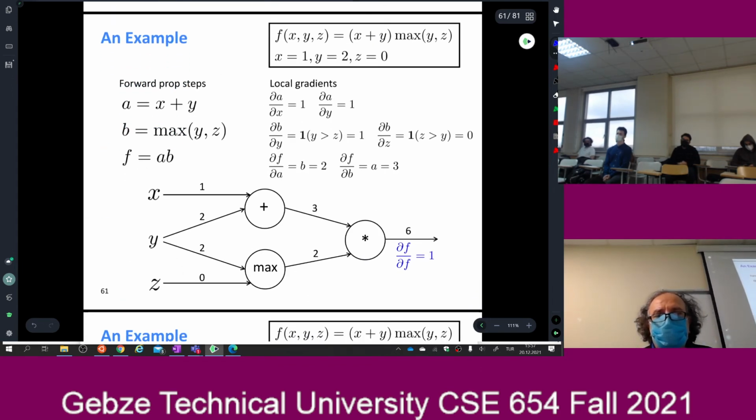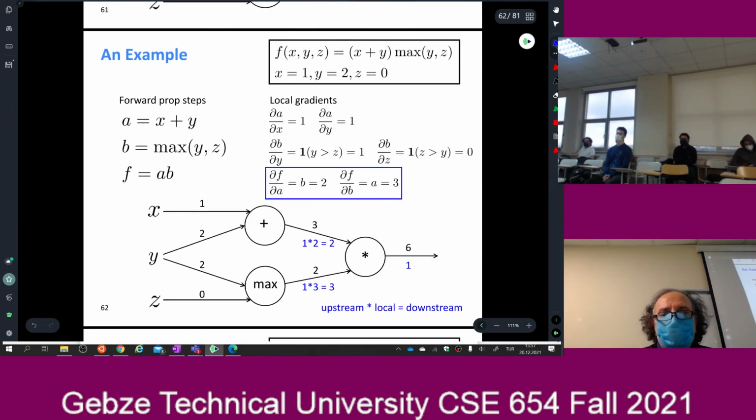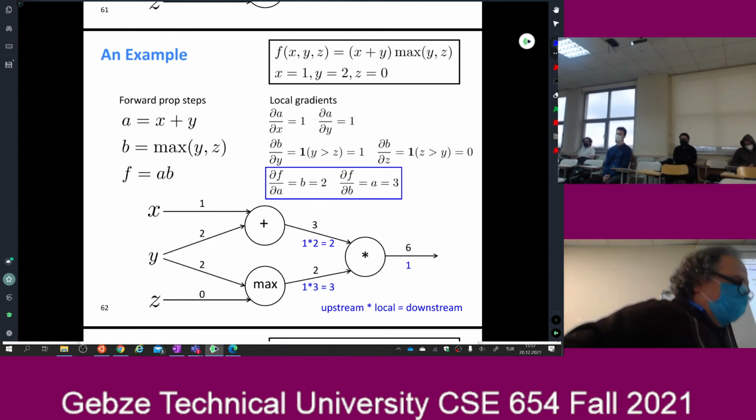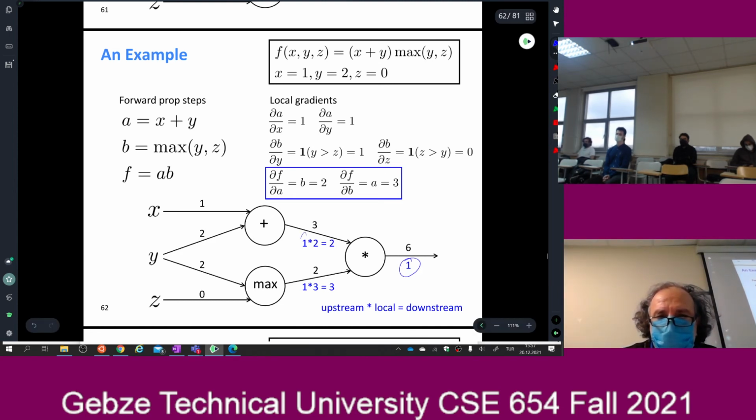Let's do it. The derivative of f with respect to f is 1. Then the derivative of f with respect to a is going to be 1 times 2. The 1 is already found, and it comes here. The same 1 is going to be there.